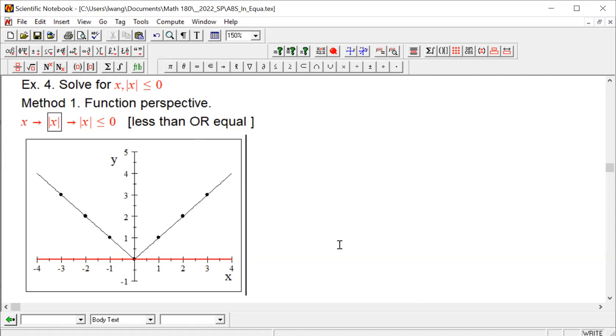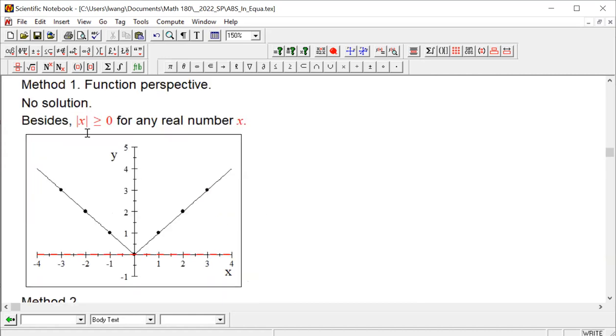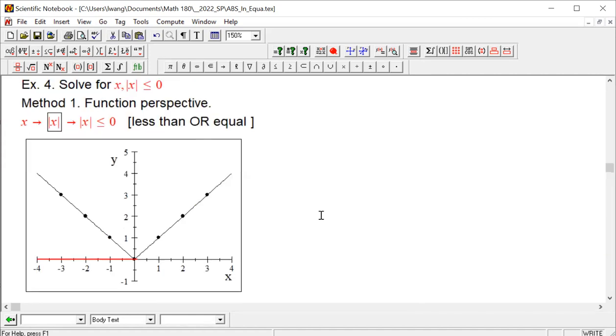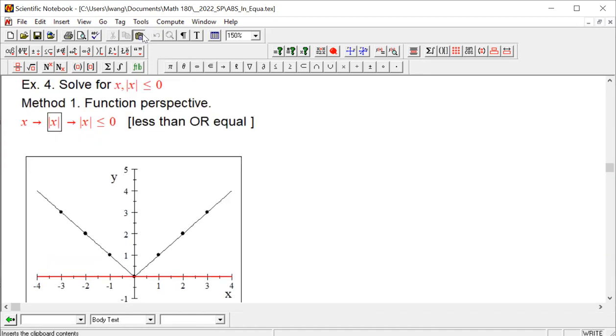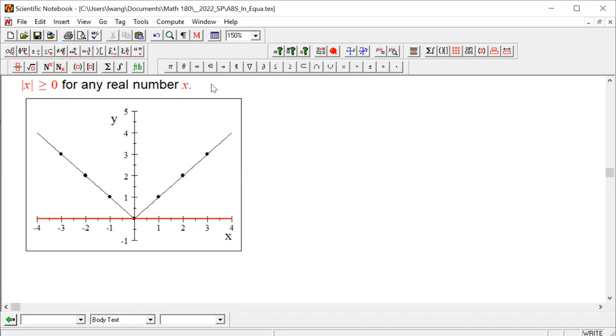Besides, if we quote the domain and range in one sentence, the absolute value of x is always greater than or equal to 0. And this one is less than or equal to 0. So there's one solution and one solution only in this case.